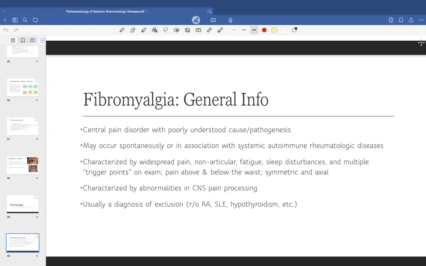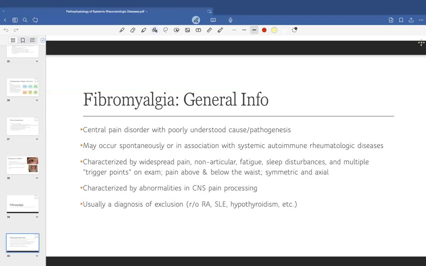If you started them on opioids, guess what happens? Yeah, pretty much. Dependence, tolerance, and addiction. And it creates a vicious cycle because they need increasing doses over time because of tolerance issues. And so narcotics aren't necessarily the right path.